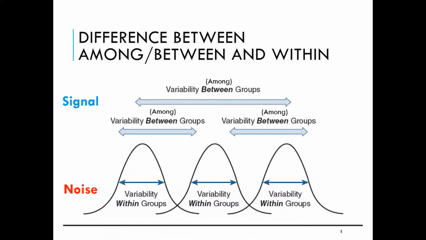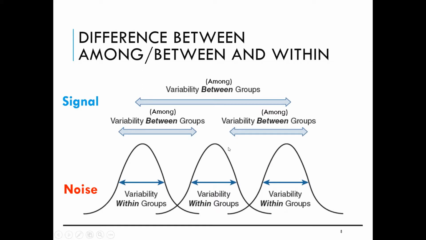So this slide is hopefully useful for understanding the difference between these words: among or between, and within. If we have three populations, each of these groups has some variability within that group. This is considered the noise of the data set.